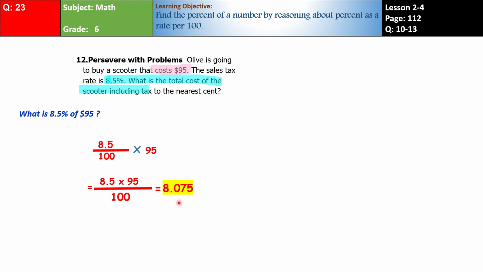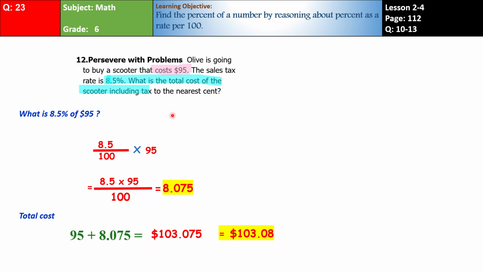This will give you 8.075. This is the tax. Tax plus the cost will give you the total cost, that is $95 plus 8.075, that will give you 103.075.